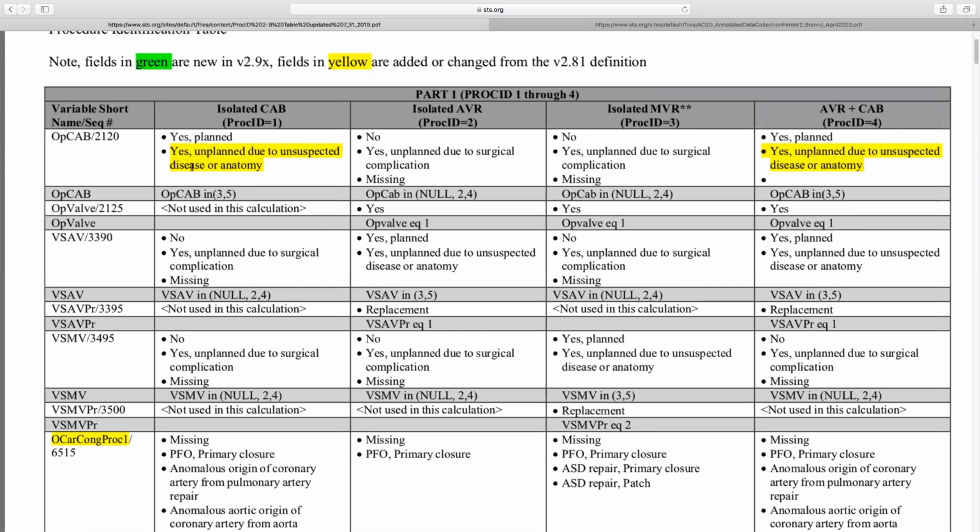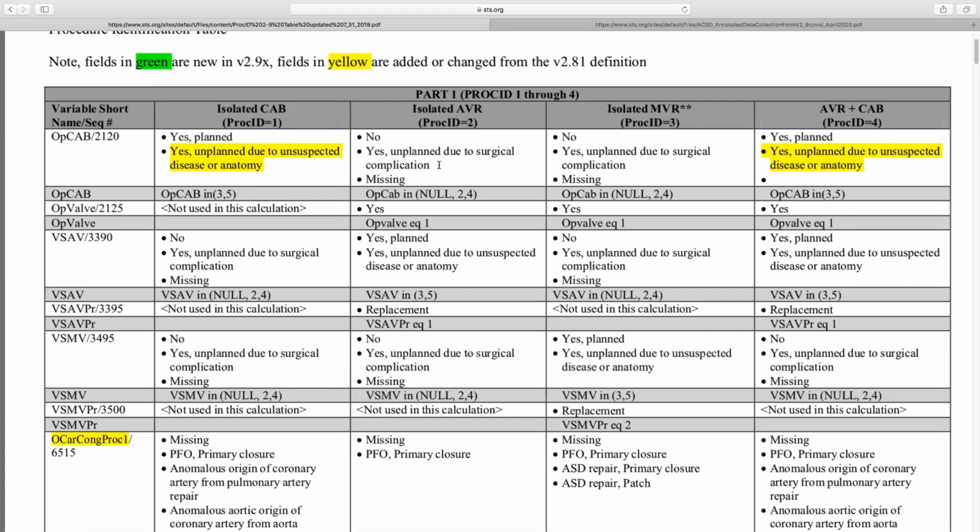Now say that this patient had a scheduled AVR, a scheduled surgical aortic valve procedure. You can see in this row here, this is the CABG row. So I had an AVR that was planned. Everything went okay until all of a sudden in surgery, we accidentally dissected something.